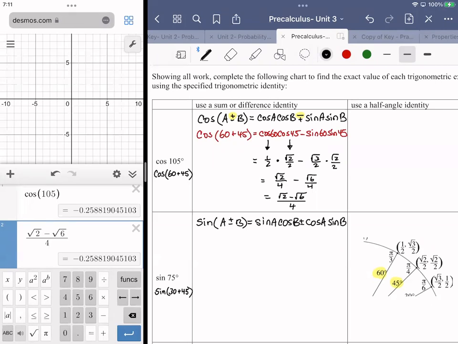All right, so my expansion here, we're following the plus. The sine of 30 plus 45 is going to be sine of 30 cosine of 45 plus cosine of 30 sine of 45.